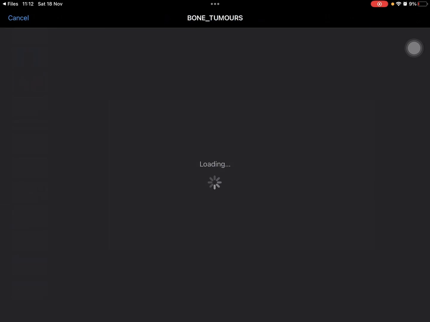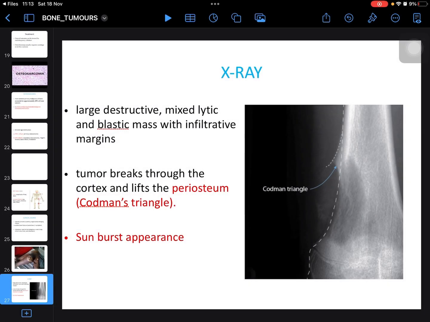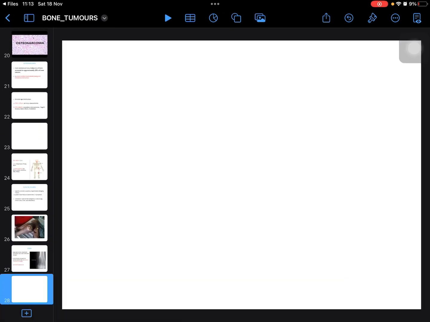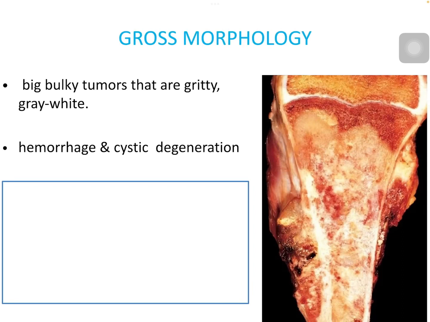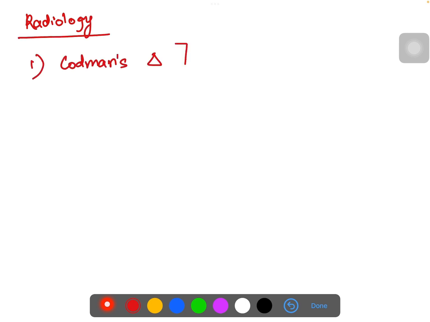Okay, now, two major radiological findings about osteosarcoma. One is known as the Codman's triangle. This Codman's triangle is due to the lifting of periosteum.